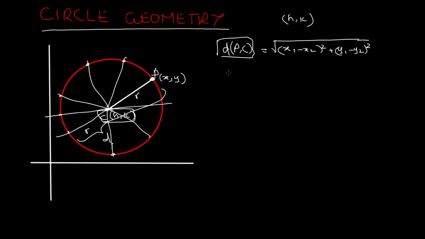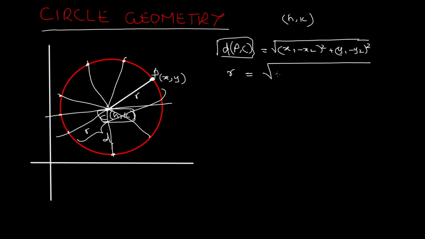Those are the coordinates. So in our example here, the distance between P and C is our radius. So we can say R squared, or R in this case, because we've already included the radical sign.